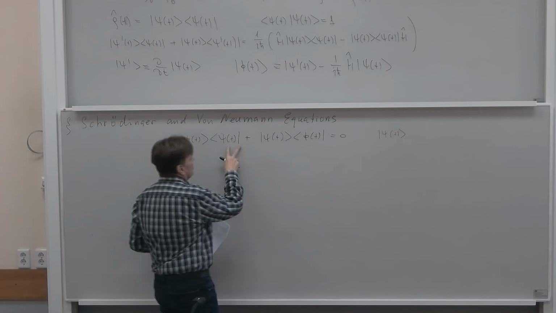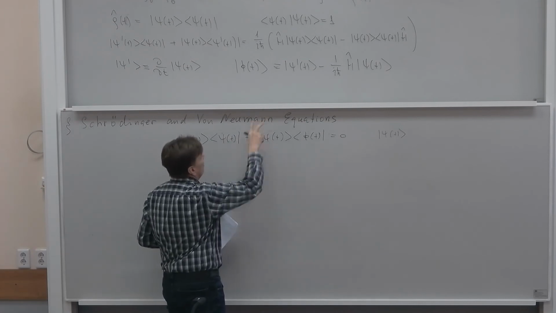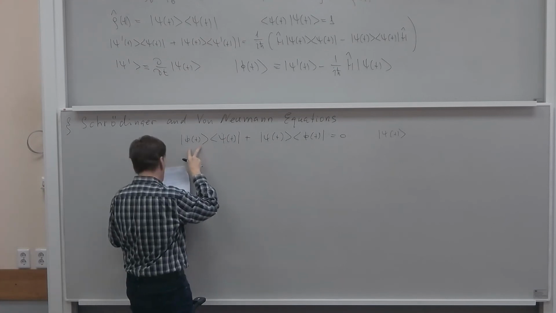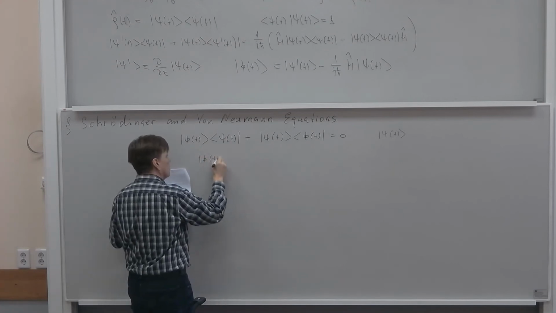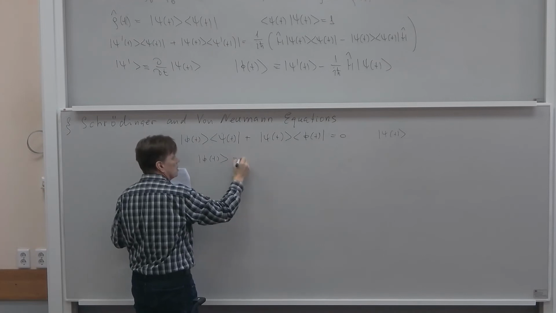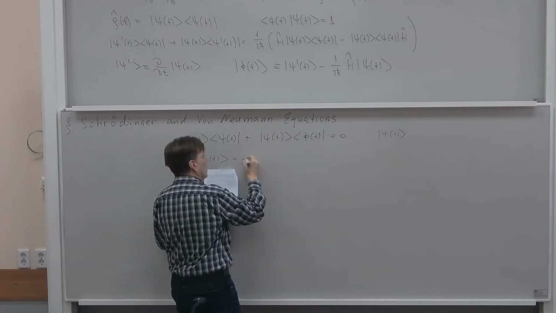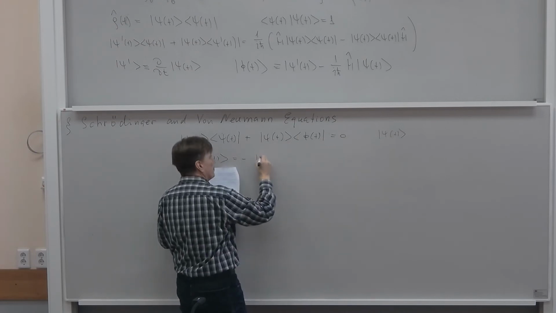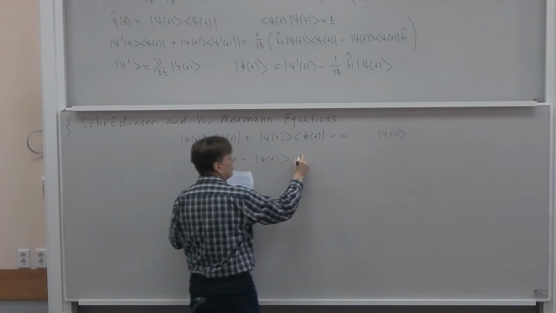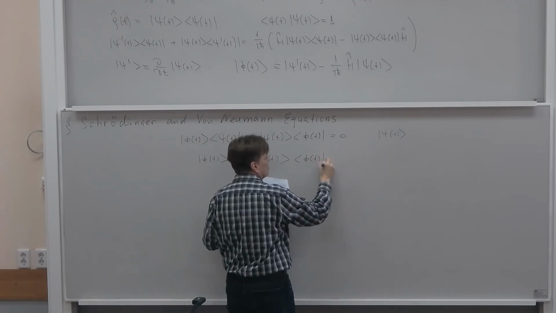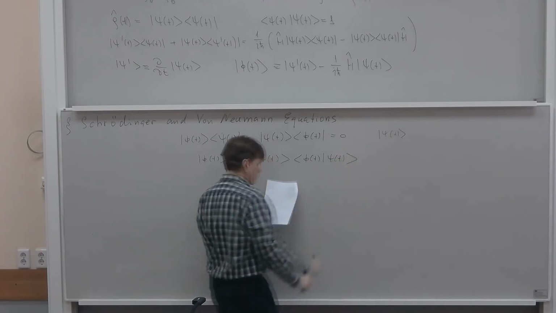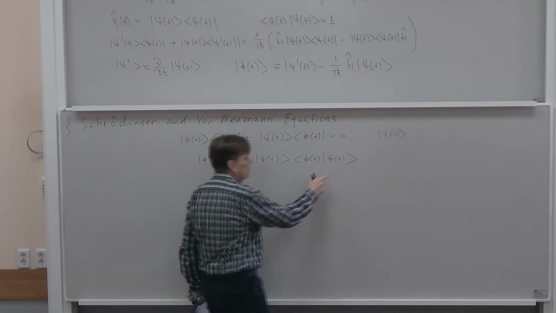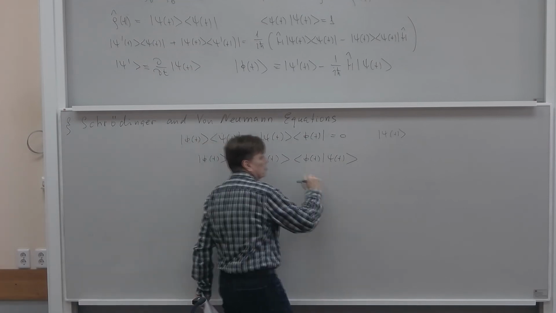Since the norm of vector psi is equal to 1, the first term gives us just phi of t equal to minus, I move this term to the right, and let me denote this function by alpha.